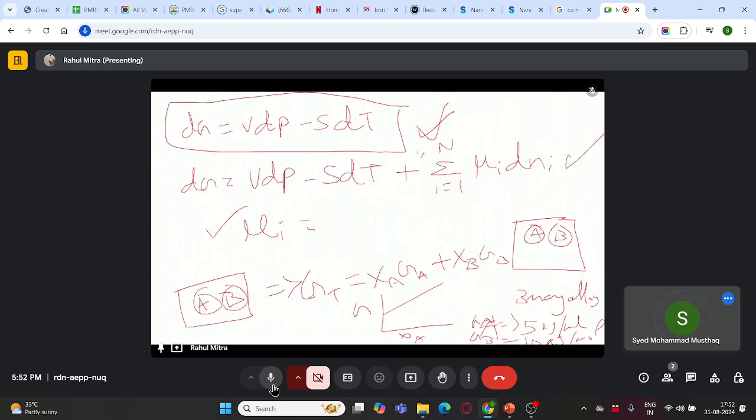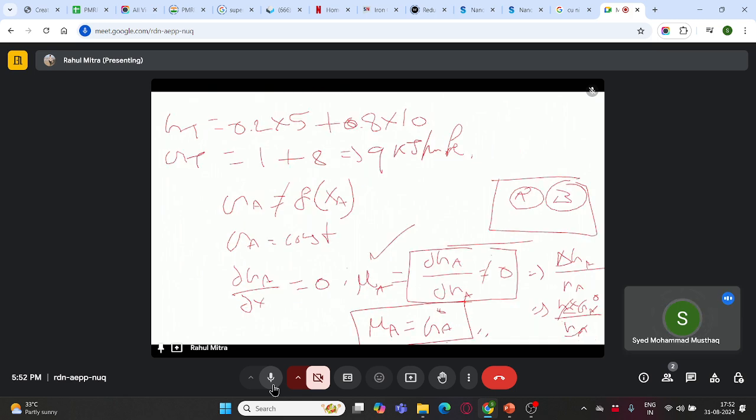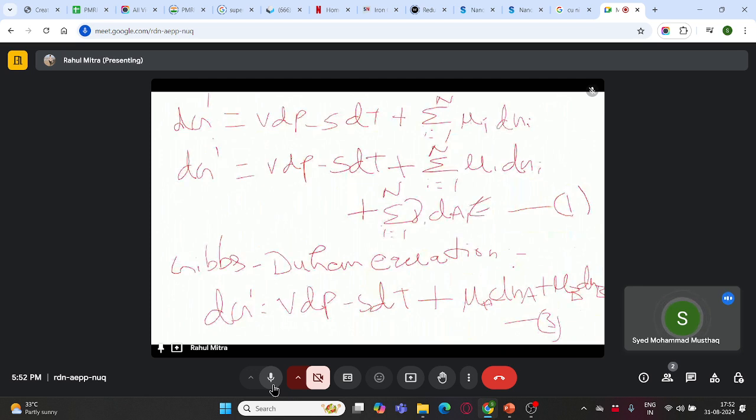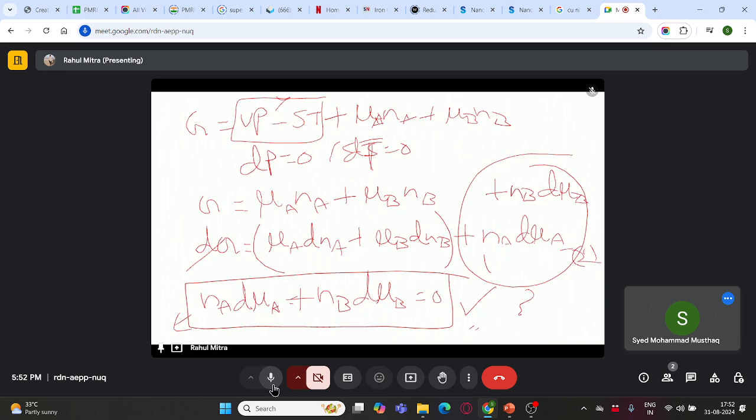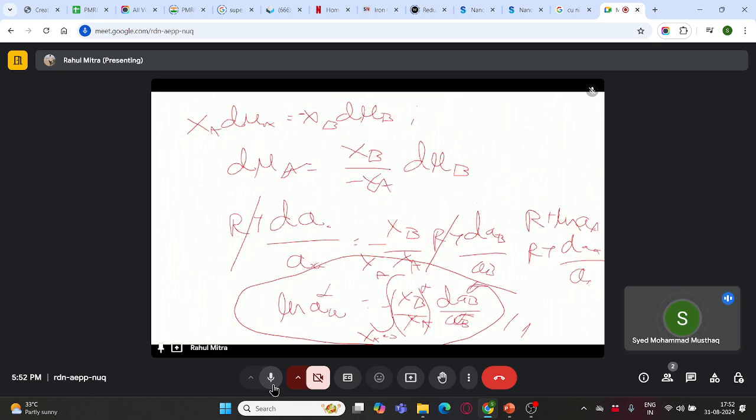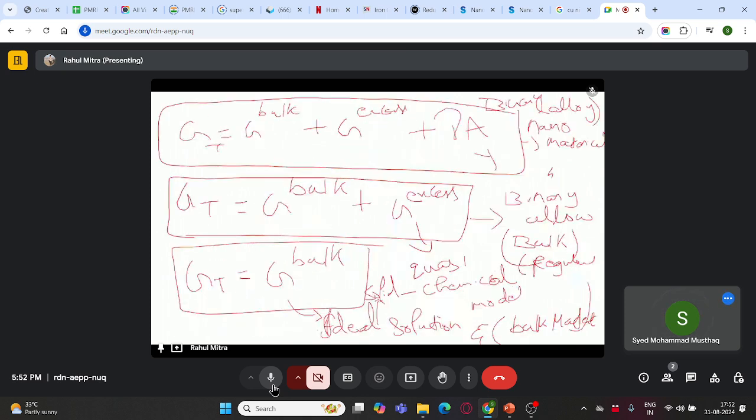Then I explained a little about what chemical potential is. Then we came to know about the Gibbs-Duhem equation, and how it is useful in finding properties like the activity and chemical potential of any element. So finally we arrived at this equation, and from there we calculated how the activity changes with the mole fraction.